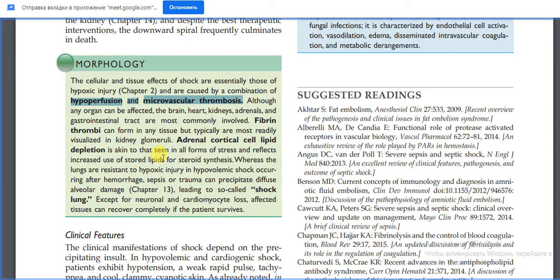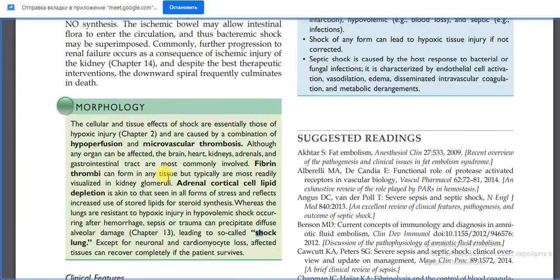Whereas the lungs are resistant to hypoxic injury in hypovolemic shock, shock occurring after hemorrhage, sepsis, or trauma can precipitate diffuse alveolar damage. So you see, it's a polyorgan shock morphologically. It is known as shock lung. Except for neuronal and cardiomyocyte loss, affected tissues can recover completely if the patient survives. That's why you should fight for your patient.